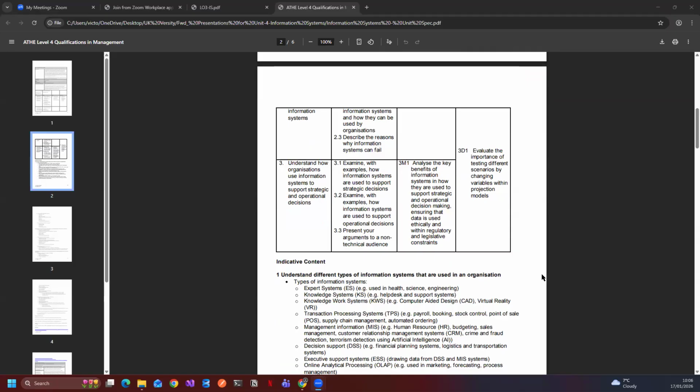Again, we're going to be focusing more on understanding how companies are going to benefit by using them in specific situations, and how this allows them to improve the quality of work. For this session, we have 3 learning outcomes, which are also followed by a merit and a distinction activity.